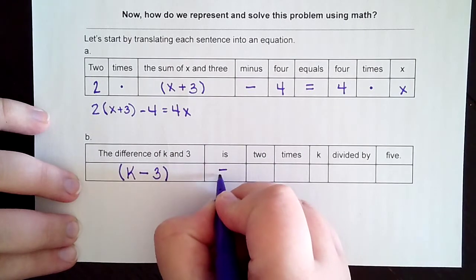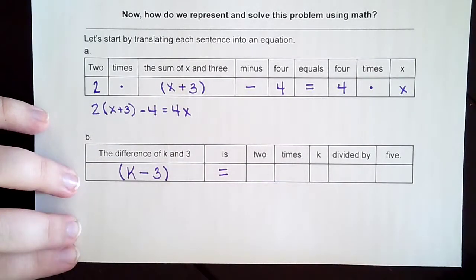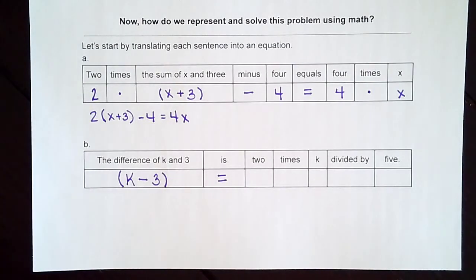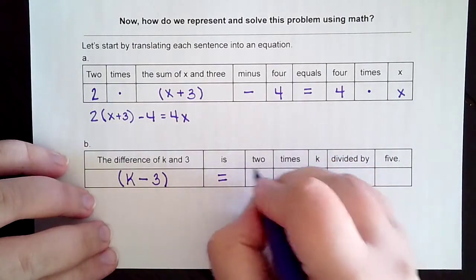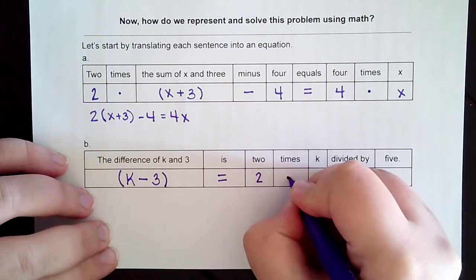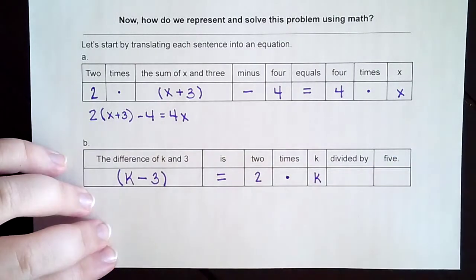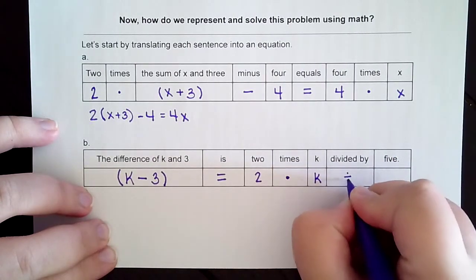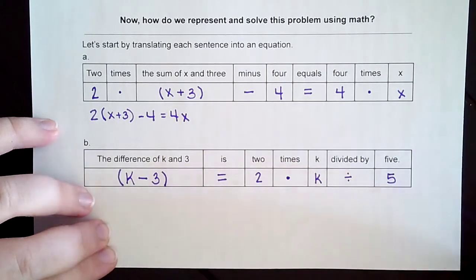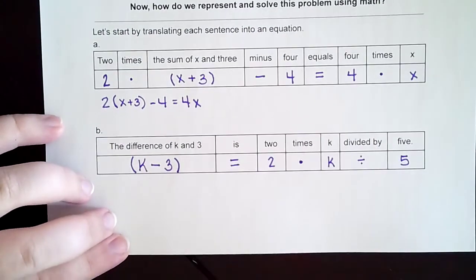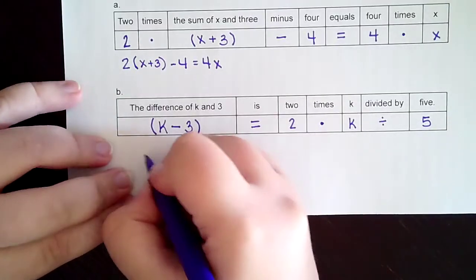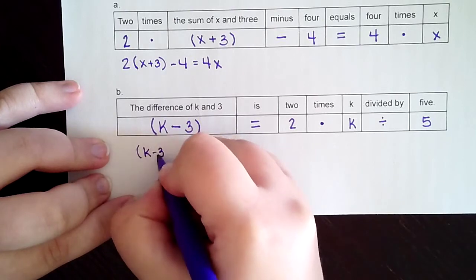So the difference of K and 3 is, sometimes you can put equals behind it, is equal, is 2 times K divided by 5. So the difference of K and 3, again, I'm going to keep putting that parentheses.